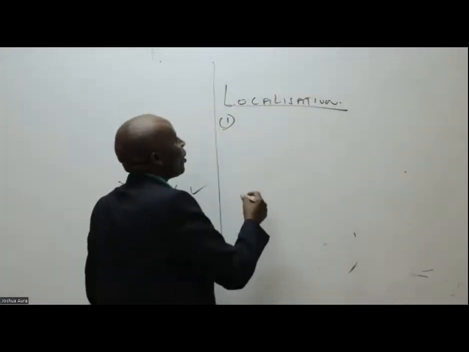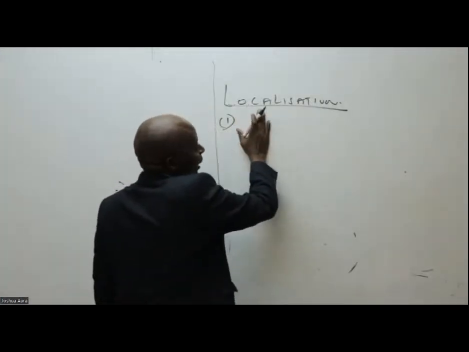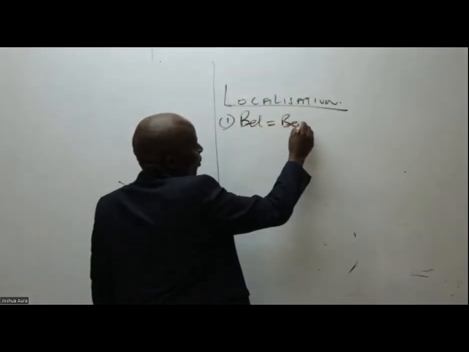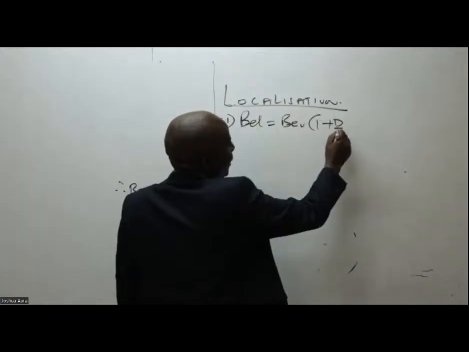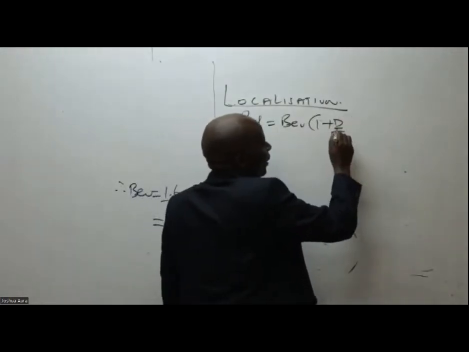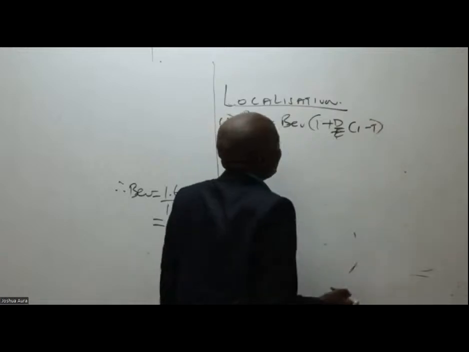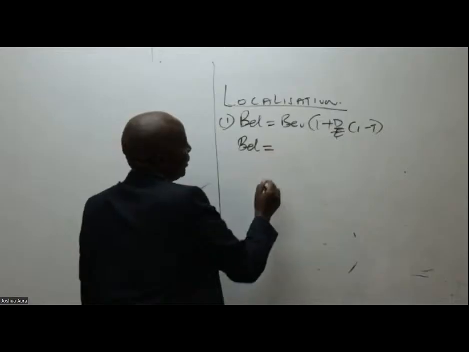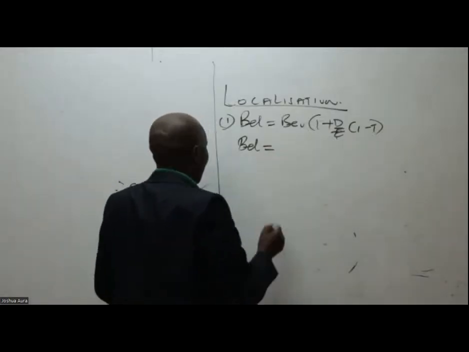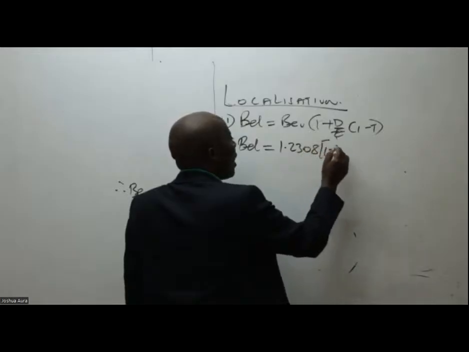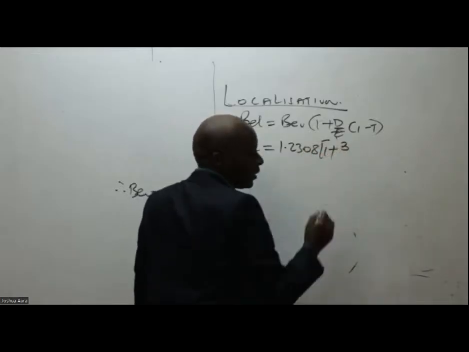So in this case here, localization is normally done using Hamada's model. So we know that BEL should be equal to BEU into 1 plus debt over equity into 1 minus T. So my BEL localization here will be equal to BEU that I have here, 1.2308, into 1 plus debt is 30.